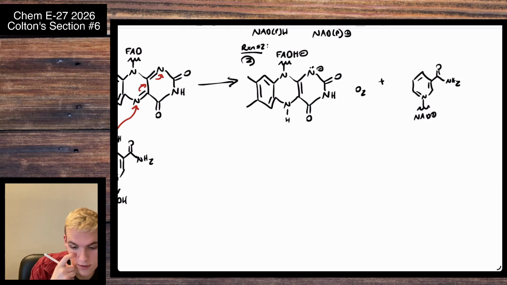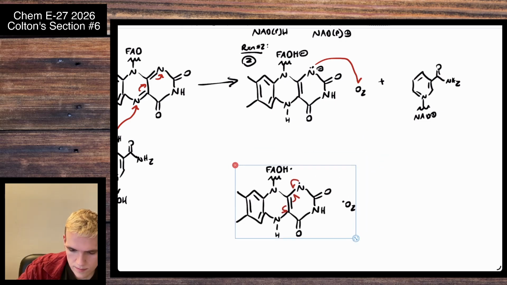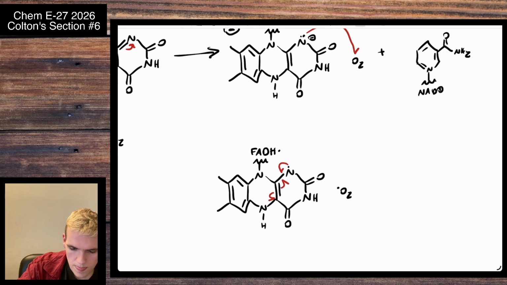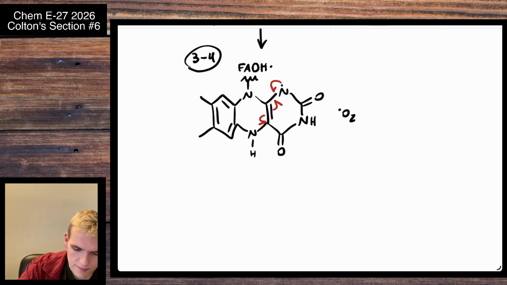So our step 2 here is we are going to give a radical to an O2. And then when we do that, we're going to get FADH dot.